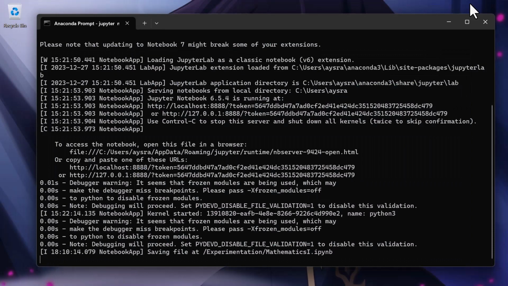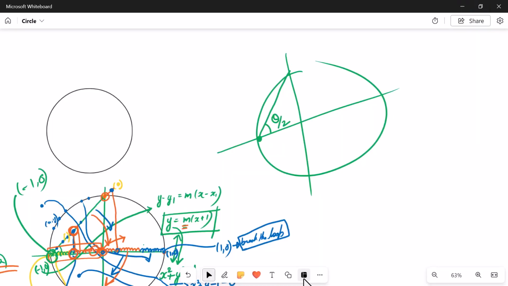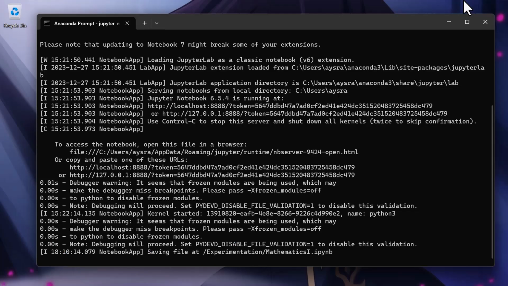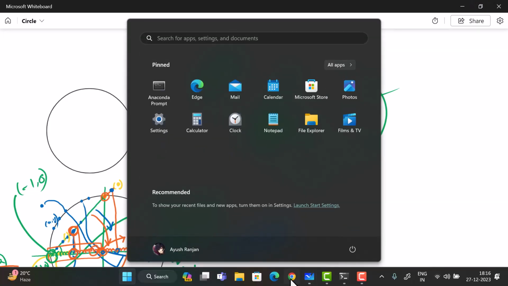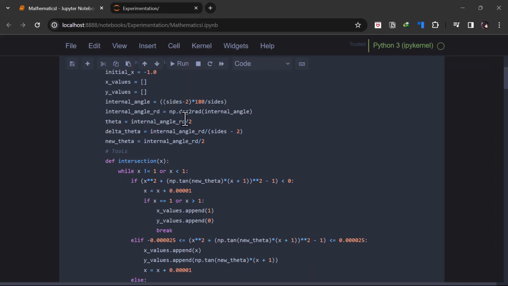As I told you before, it will be this particular internal angle divided by n minus 2. That is how I have calculated the delta theta part.